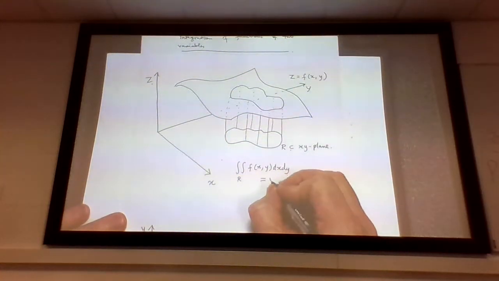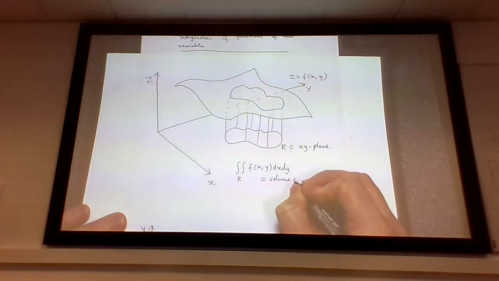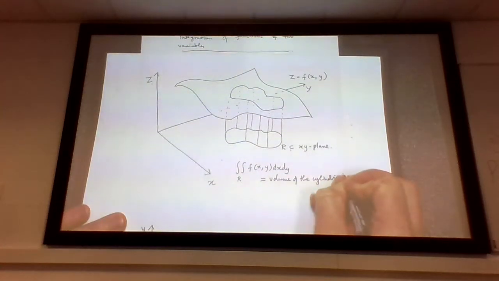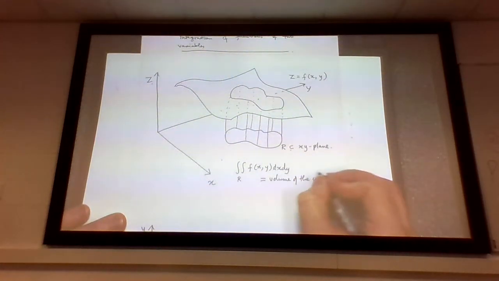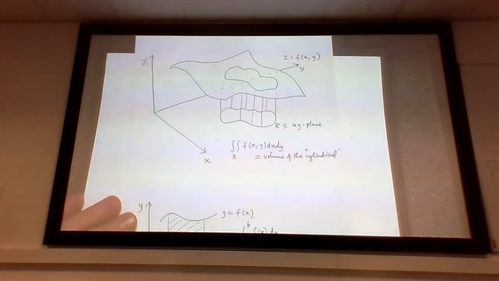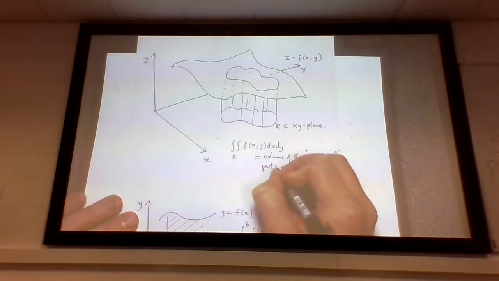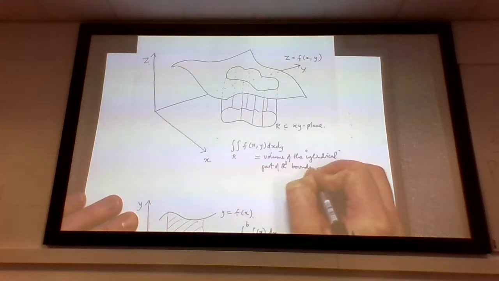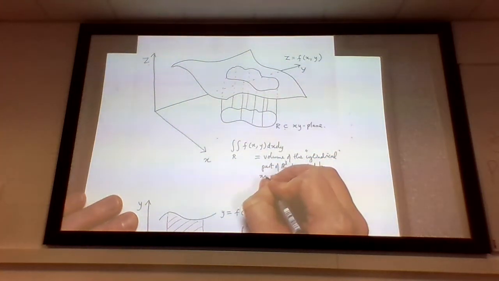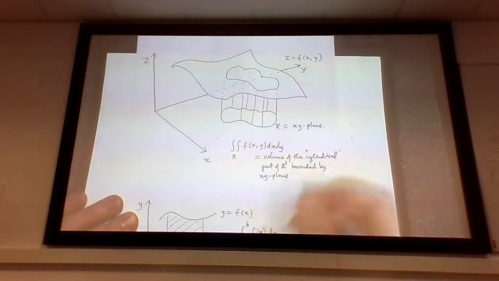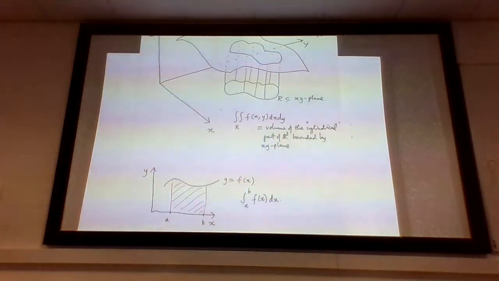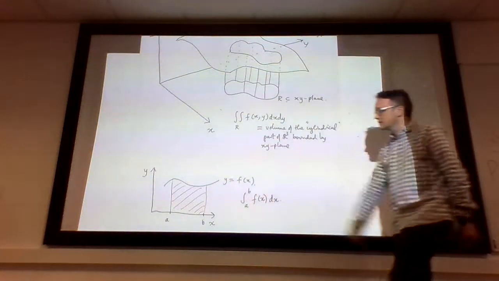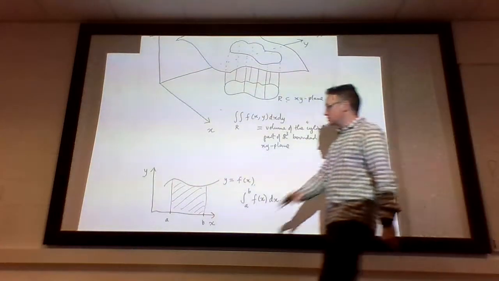So this is going to be the volume of the cylindrical, and it's not an exact cylinder, but it's analogous to a cylinder, the cylindrical part of R3 bounded by the xy plane, which is the domain of the function. So just as in the one variable case, we looked at the area bounded on one side by the domain of the function, by the x-axis.